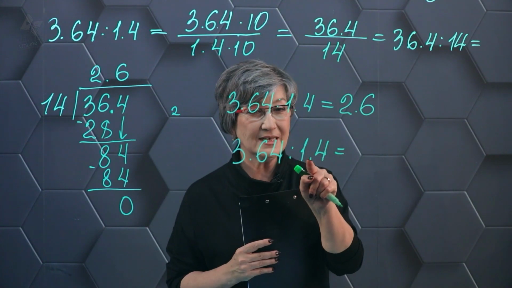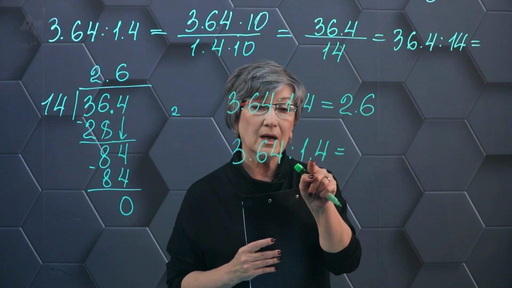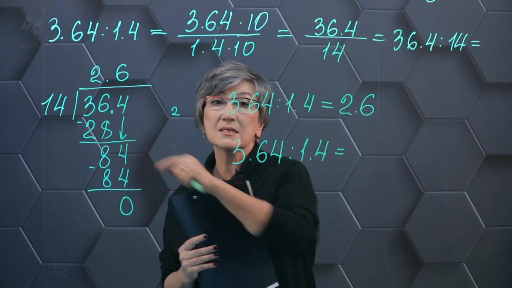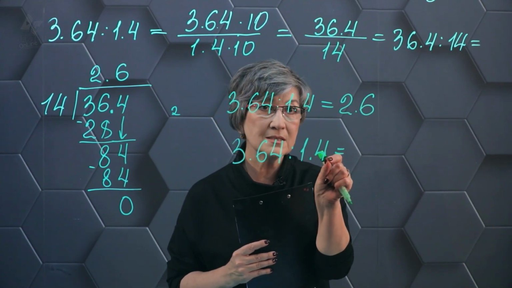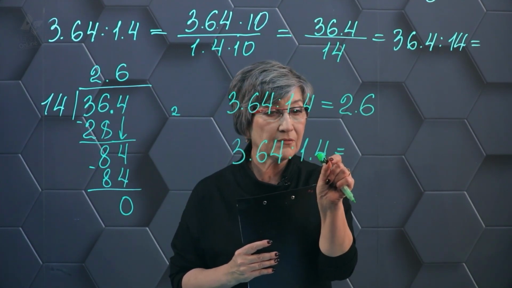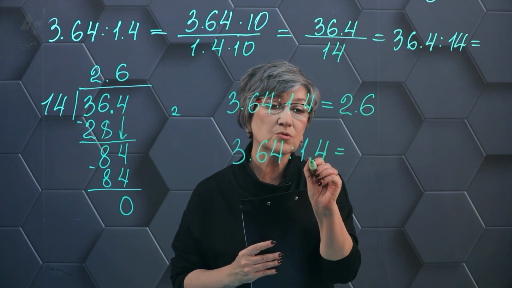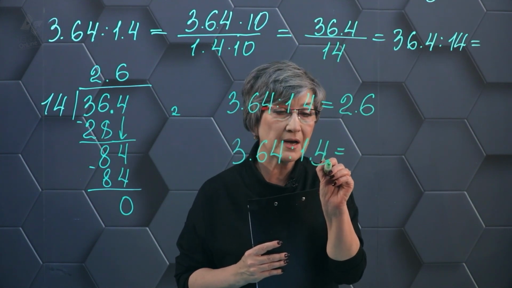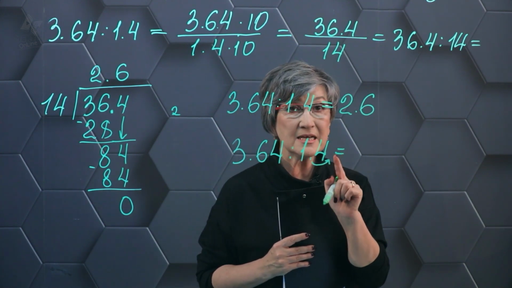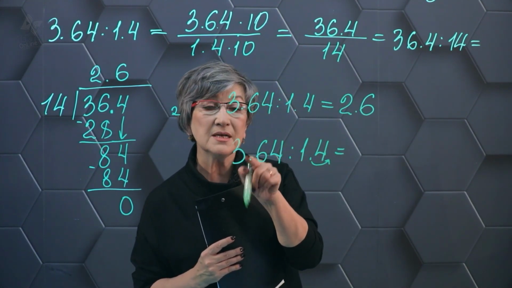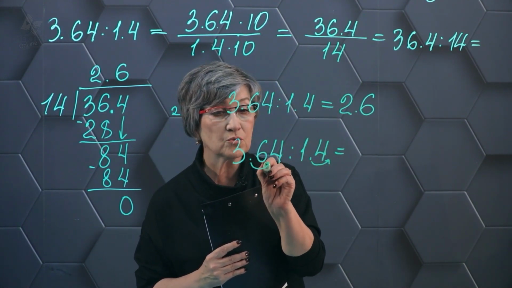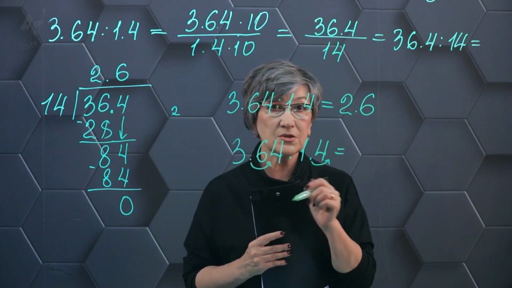In the divisor, I have a decimal fraction and I'm dividing by a whole number. So this point, I have to move one sign to the right. And if I move it to the right by one sign in the divisor, then I move the point one sign in the dividend as well. The result is 36.4 tenths.